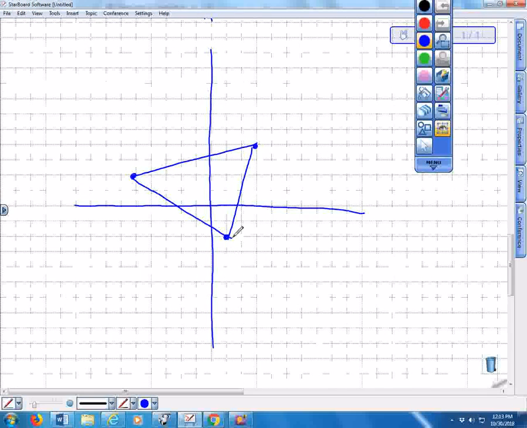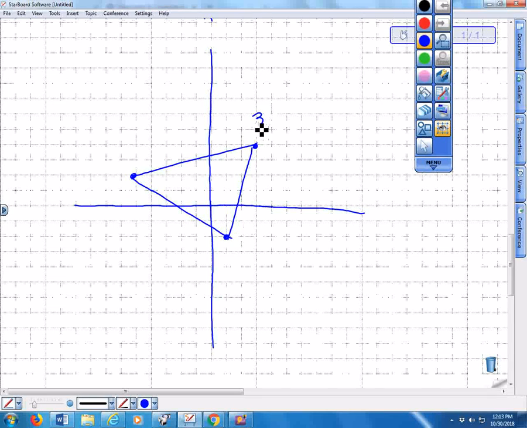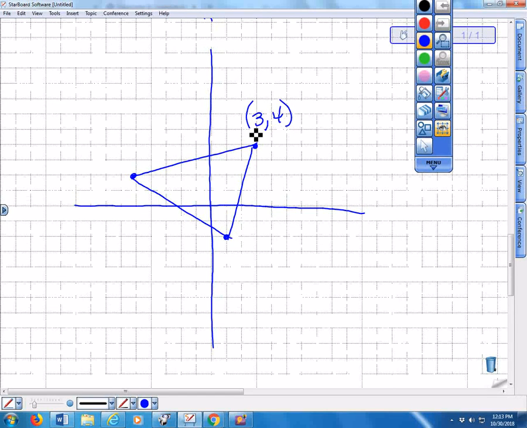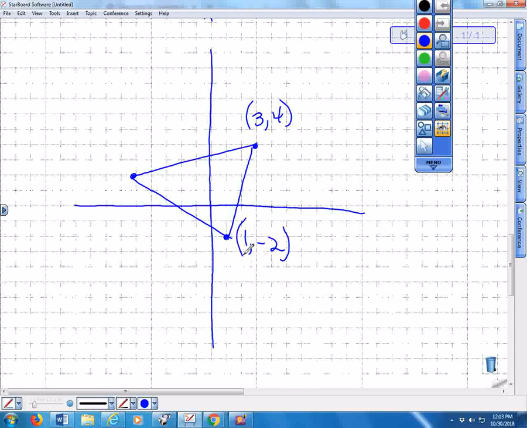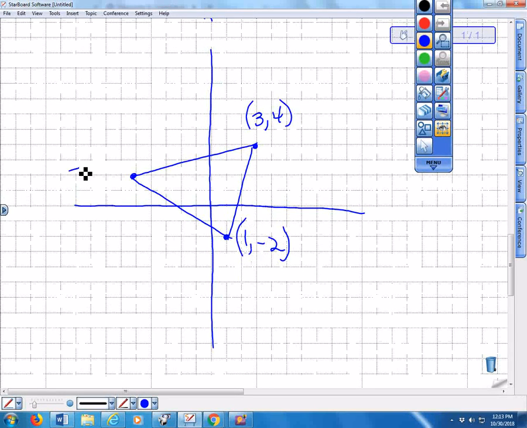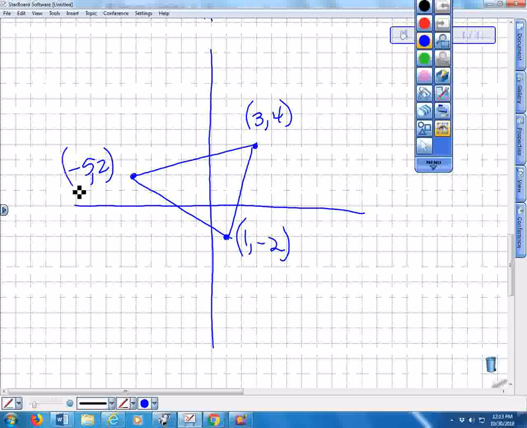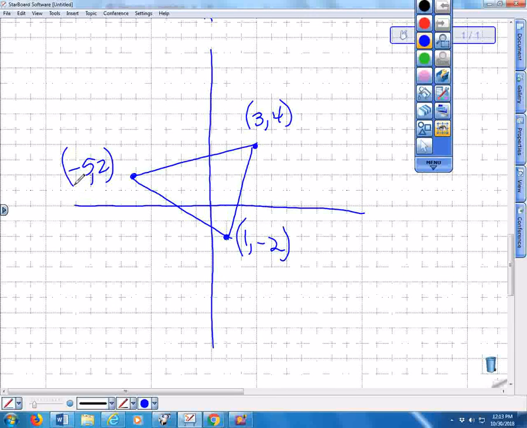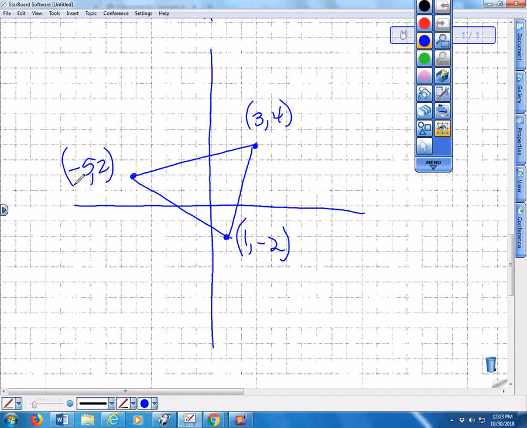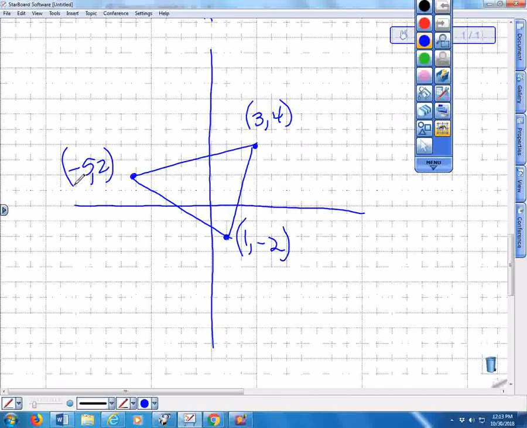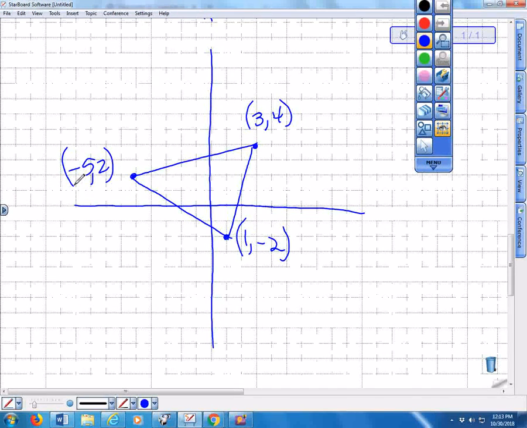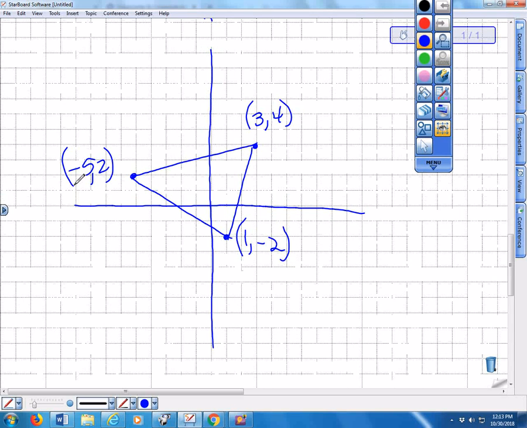So this is 3, 4, and this is 1, -2, and this is -5, 2. Okay. And you're going to have to know how to do this for the test manually. So pay attention. Interact with me when I ask questions. Okay. What's the first step?